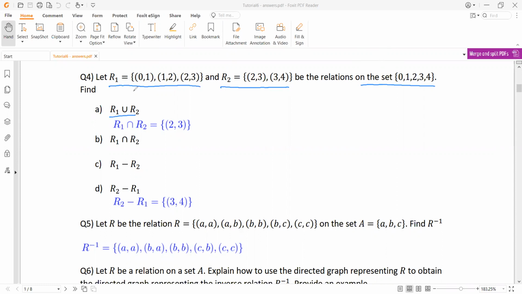If you notice here, ya shabab, the relation is just a set, which means set operations can be applied over the relations.